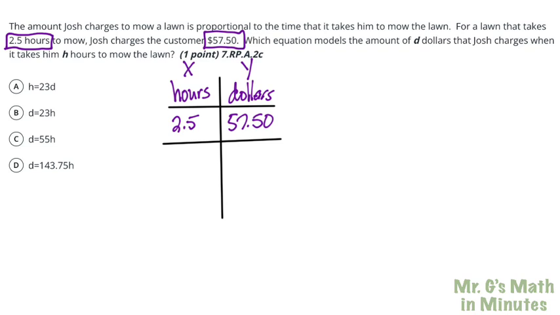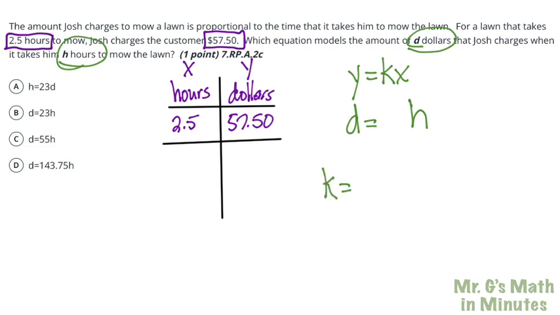So if I want to create an equation, I'm going to go ahead with Y is equal to KX. My Y is dollars, but they tell me to use a D for dollars. So I'm going to go ahead and replace the Y with a D. And then it says for hours, which is our X, they want us to use an H. So instead of an X, I'm going to put an H. Now we got to figure out what that K is. K is equal to Y over X. My Y in my table is 57.50.